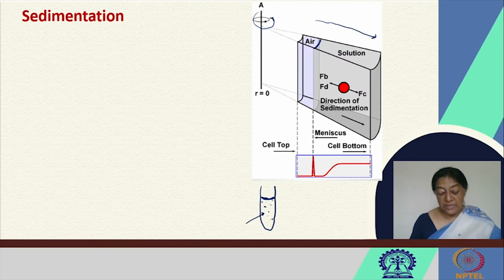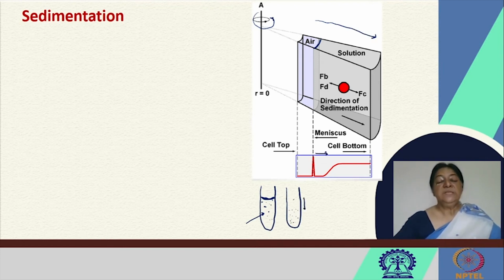Now, as the centrifugation proceeds, we have a clearer solution on top. The meniscus is here, but the pellets or the sediments begin to form here. So we have a meniscus that gradually moves. This is called a moving meniscus method, and this is our direction of sedimentation.